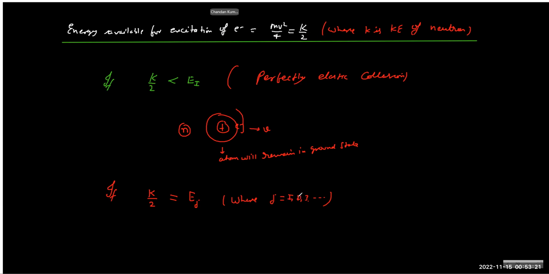Sir, but how can we say that the energy from the collision is going to the electron only? No, you are not getting it. If the energy in the CM frame is exactly equal to any of the excitation states, energy will be absorbed. That is not going to affect the conservation of momentum.